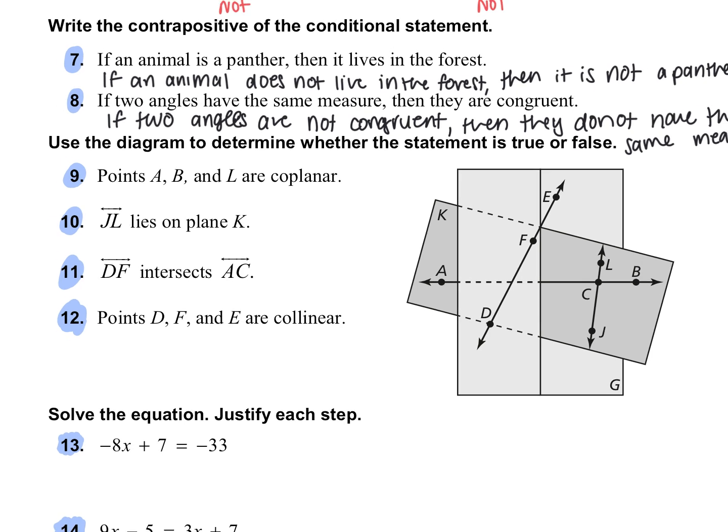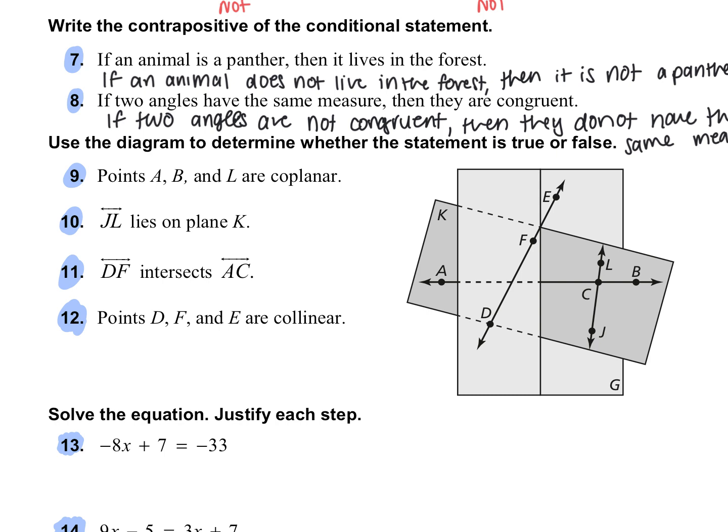All right, looking at number 9, it says points A, B, and L are coplanar. What does coplanar mean? On the same plane. So let me go ahead and identify those points. A, B, and L. Are they coplanar, yes or no? Yes. On the same plane, they are coplanar. This is true.